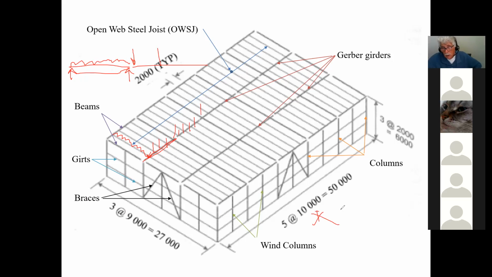I take my pressure, whatever it is in kPa, and I look at the tributary area that gets transferred at this point here. So here I have half of 9, so I have 4.5. Now here it happens to be the same, 4.5.